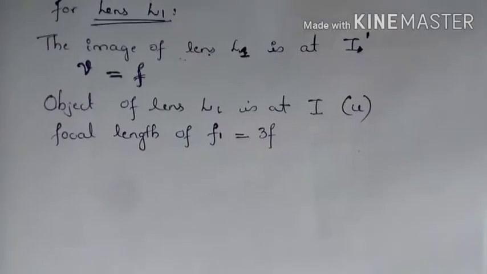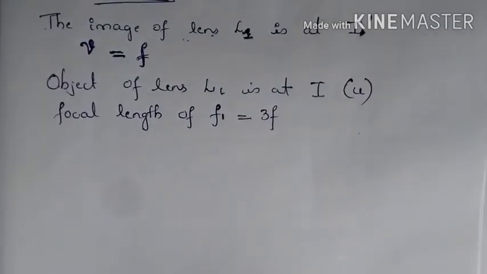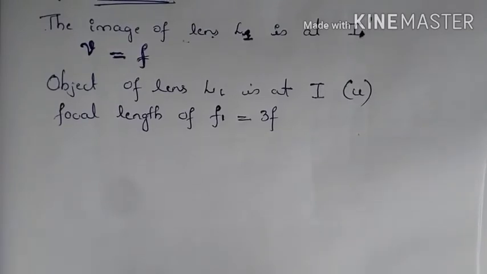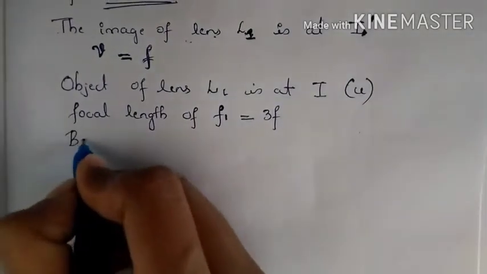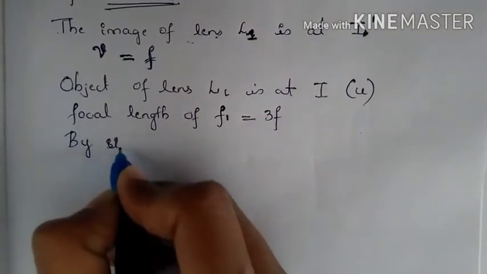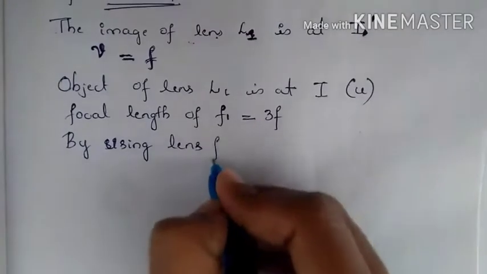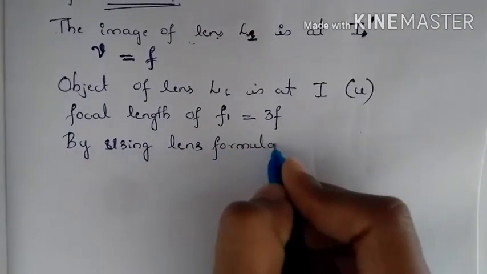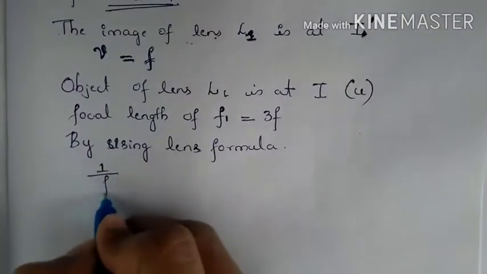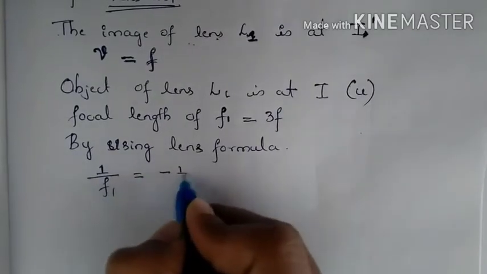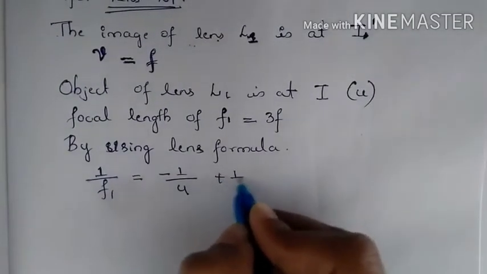So this we got to know from the conditions to minimize the spherical and chromatic aberration in the Huygens eyepiece. So next, by using the lens formula, we can find 1 by f1 is equal to minus 1 by u plus 1 by v.